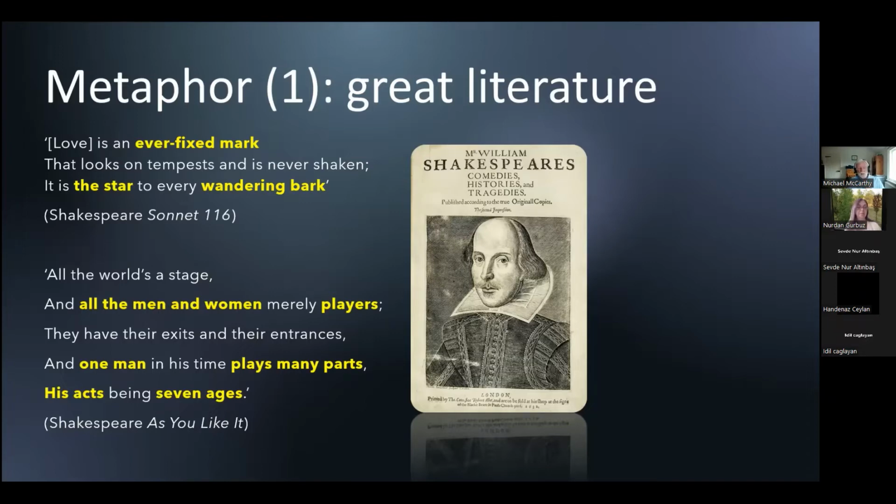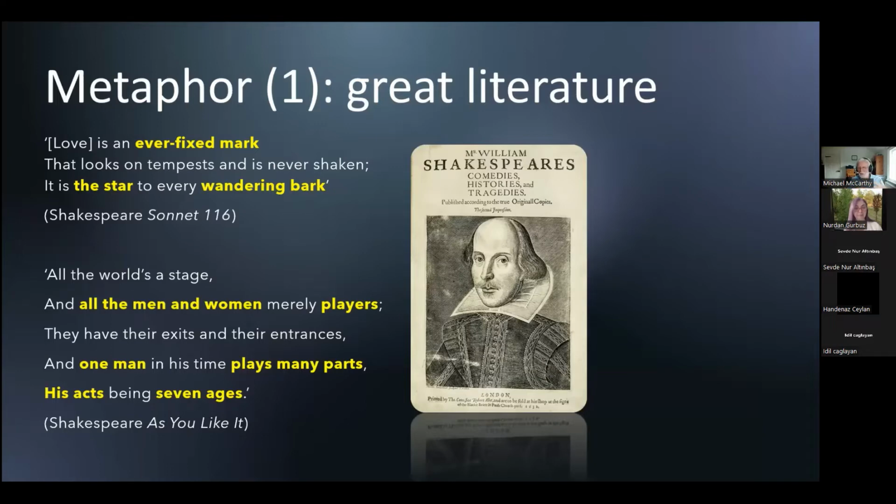But then we have something a little more familiar. It is the star to every wandering bark. And bark here has nothing to do with dogs. Bark here means a boat, a ship, okay? It's just an old word for a ship. So love is the star that guides every ship. And that, of course, is easier to understand, much easier than love is an ever-fixed mark.